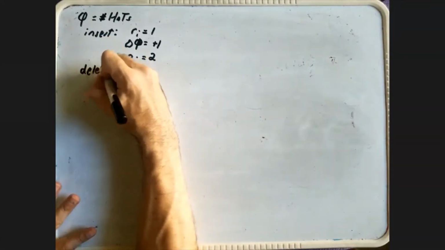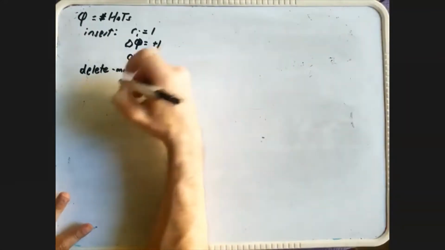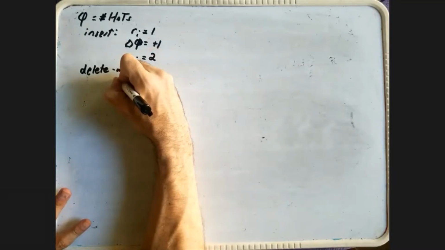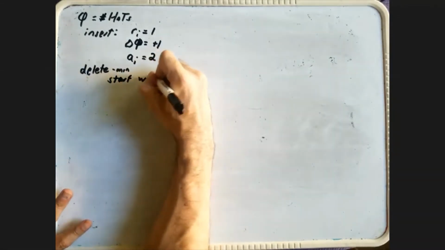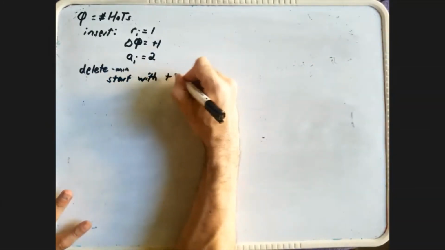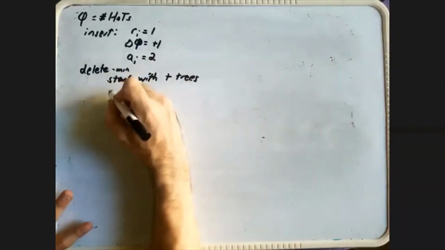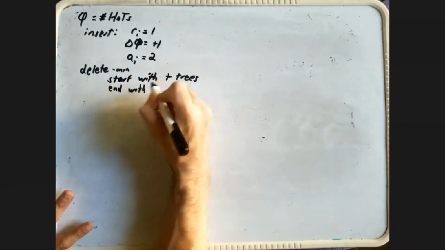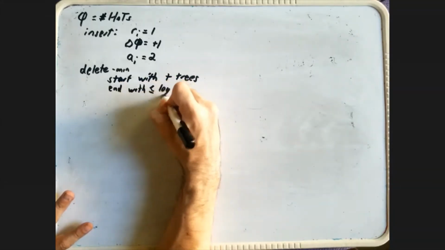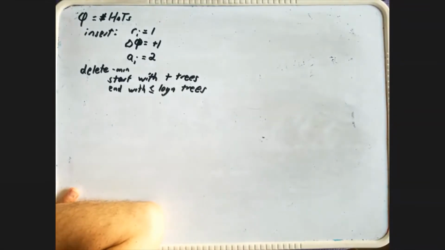As for the delete min, well, if we start with T trees, we know that we are going to end with at most log n trees. Remember, somebody remember why that is?